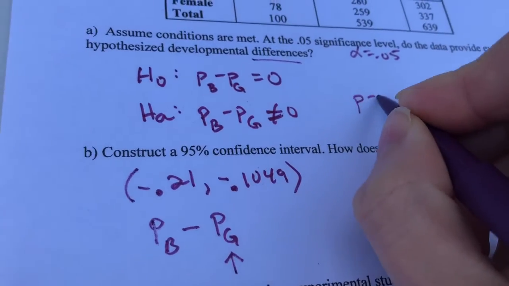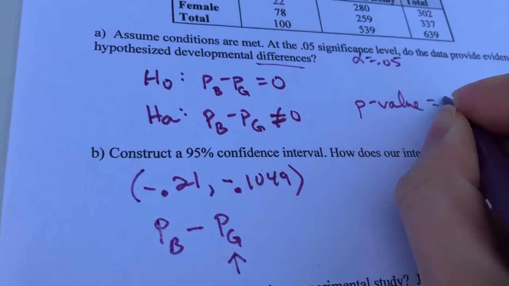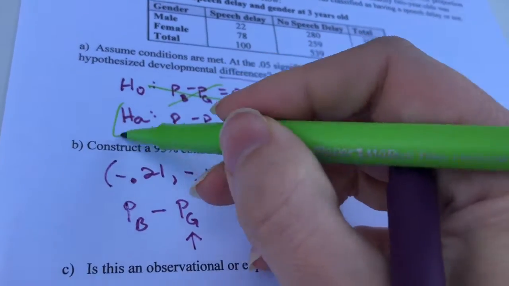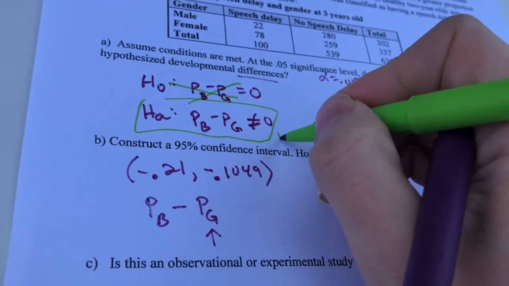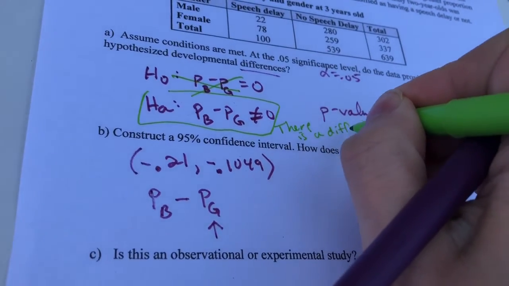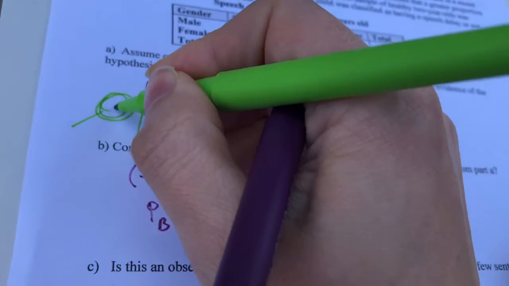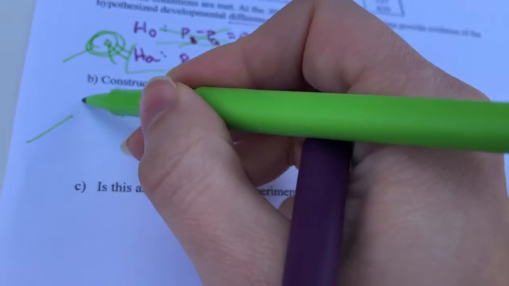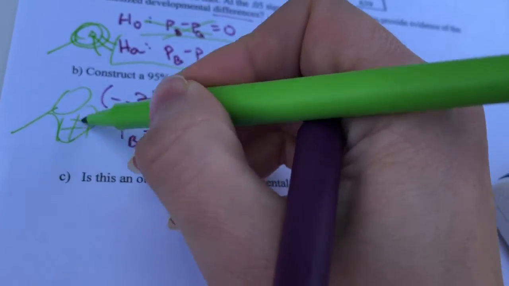And we had a p-value that was essentially 0, so we were able to reject the null hypothesis and go ahead and conclude that there is a difference. There is a difference. All right, so all of that was done with our magnifying glass. When we got down to part B, we picked up our net to try and scoop what the truth is.